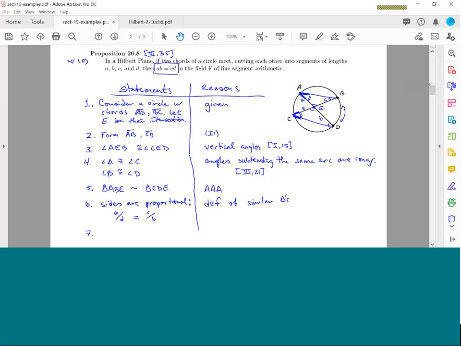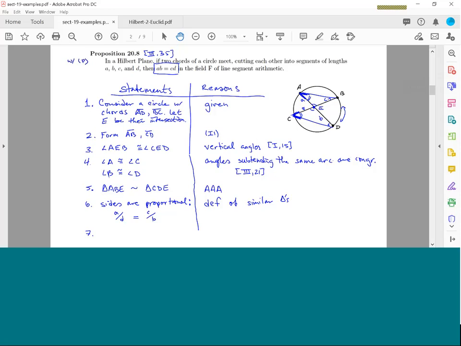And if so, any guesses how we could transform the thing with fractions into AB times CD? Okay, I got a couple different answers. So the first thing to think about is this doesn't look like it has any fractions. This guy totally does. So there's lots of different ways to think about it.